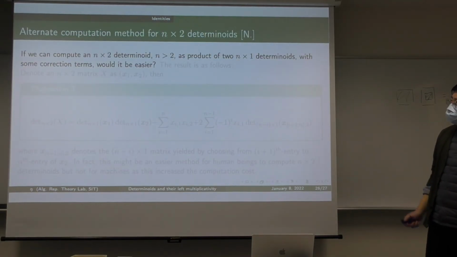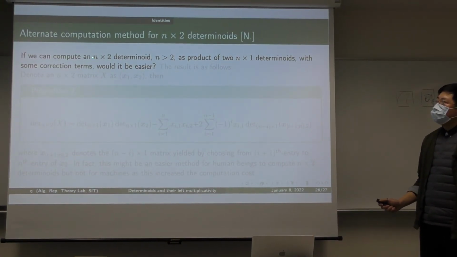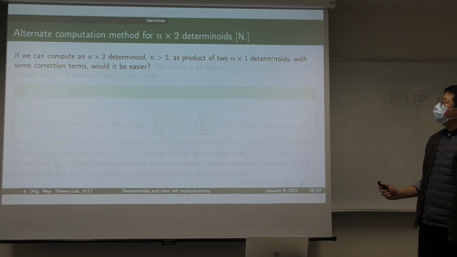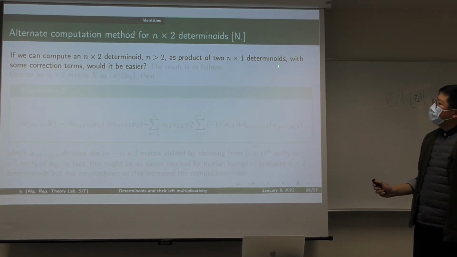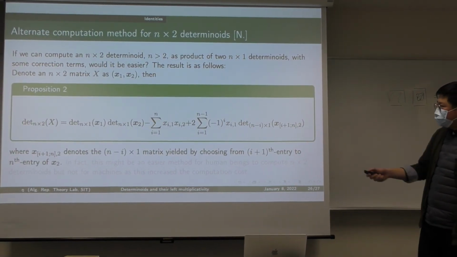And lastly, I propose an alternate computation method for n by 2 determinoids. If we can compute n by 2 determinoids as a product of two n by 1 determinoids, it will be easier. So the result is like this.